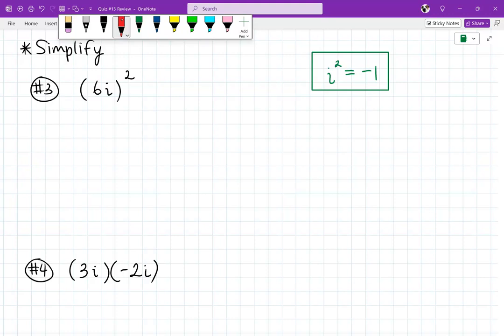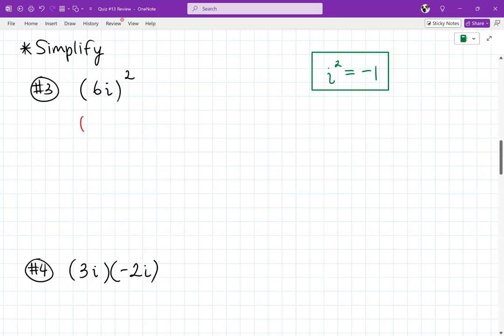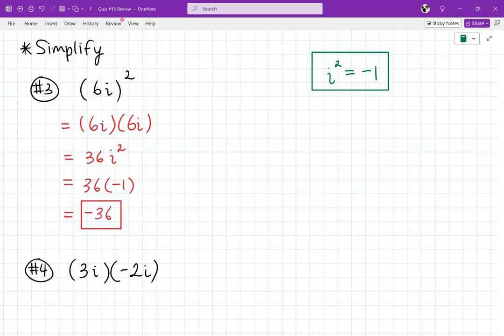So 6i quantity squared basically means 6i times 6i. And I know that 6 times 6 is 36, and i times i is i squared. But knowing that i squared is negative 1, let me replace that. That's 36 times negative 1, which is negative 36. So there you go. That's done.